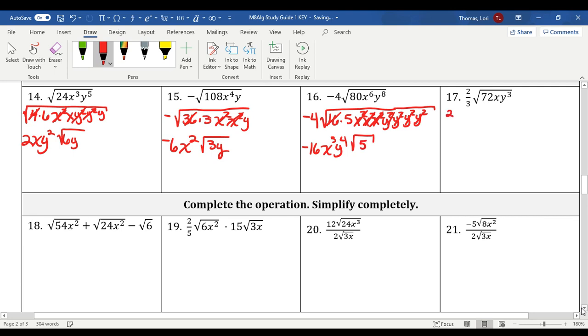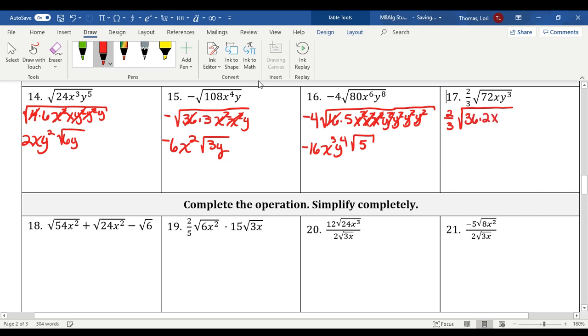17, we have a fraction as our coefficient that's already there. 72 can break down into, let's see if that'll undo that. Okay, perfect. 72 is going to be 36 times 2.